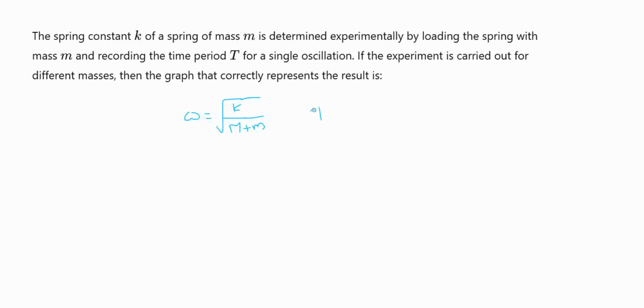So T will be 2 pi by omega, which is 2 pi into under root m plus M by k. Now T square is equal to 4 pi square into m plus M by k.